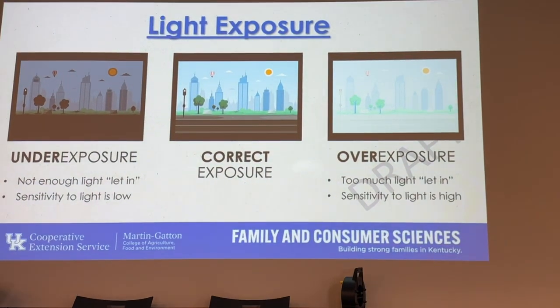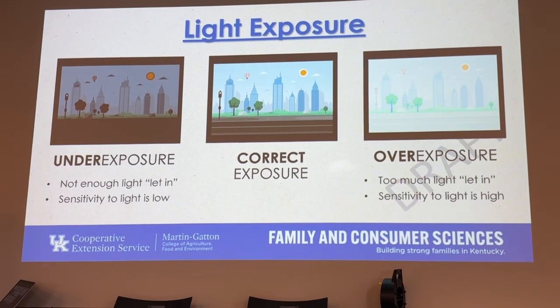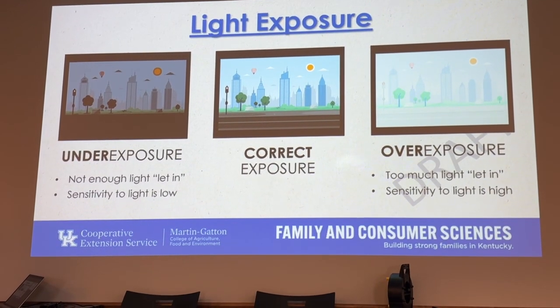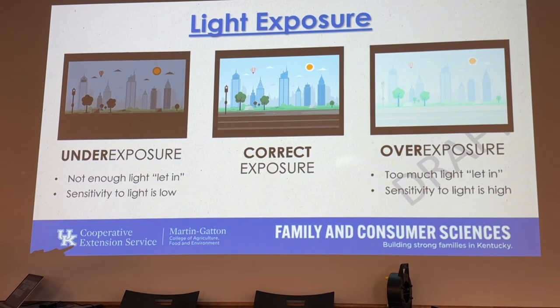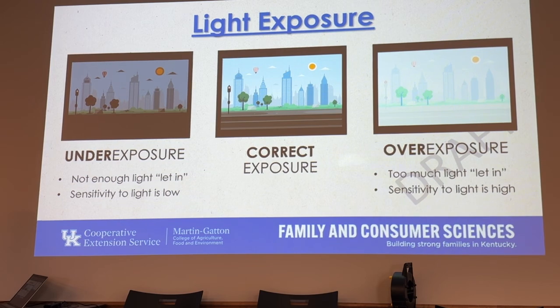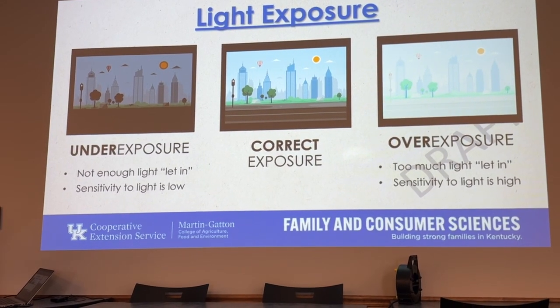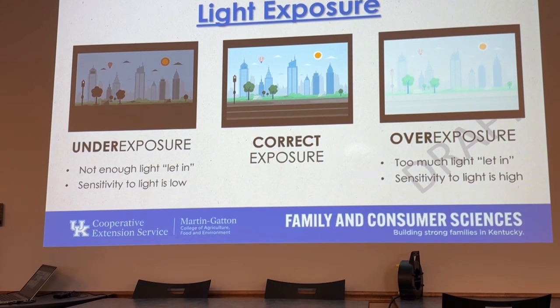A photograph has correct exposure when the camera settings are balanced to let in the right amount of light. So here we have underexposure, overexposure, and then the correct exposure. That's if you don't let enough light in, or we have too much light in.